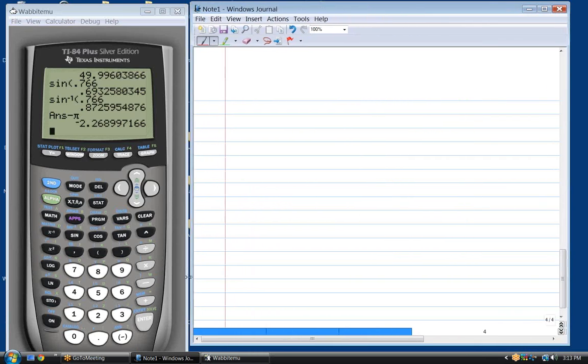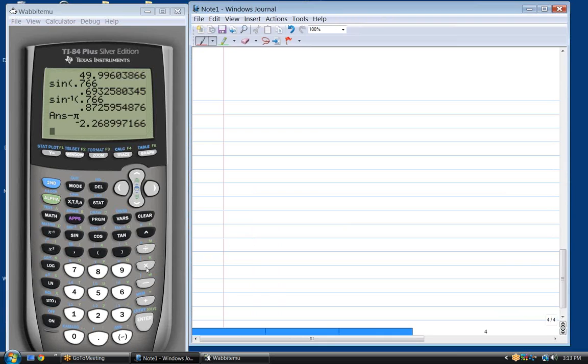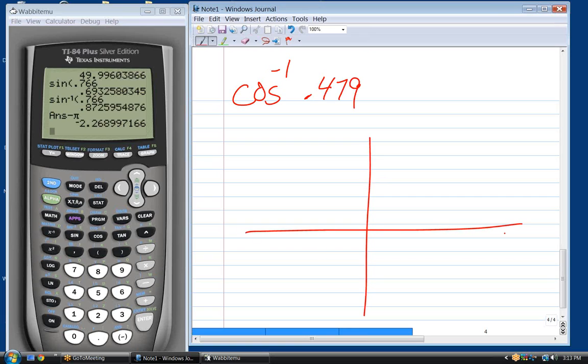Alright, next one is inverse cosine of 0.479. Okay, now let's talk about cosine for a minute. When they give you a positive number, our answer is going to be in the first quadrant. When they give you a negative number, our answer is going to be in the second quadrant, because cosine is negative in the second.